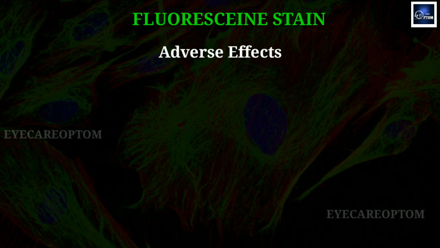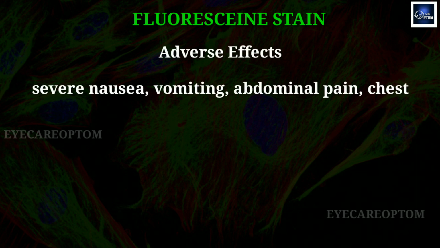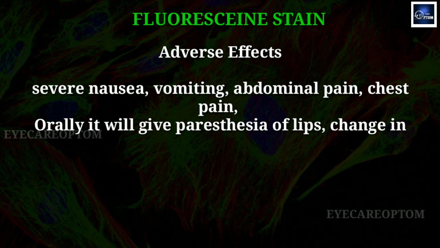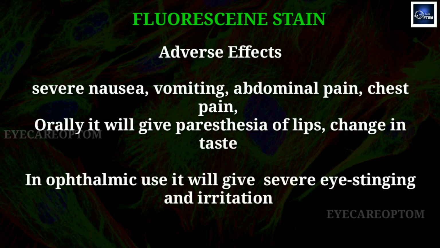Adverse effects of fluorescein: it can give severe nausea, vomiting, abdominal pain, chest pain. Commonly, if it is given orally, it will give paresthesia of the lips and changes in taste. In ophthalmic use, it will give severe eye stinging and irritation.